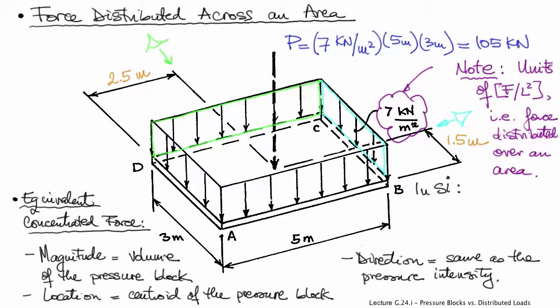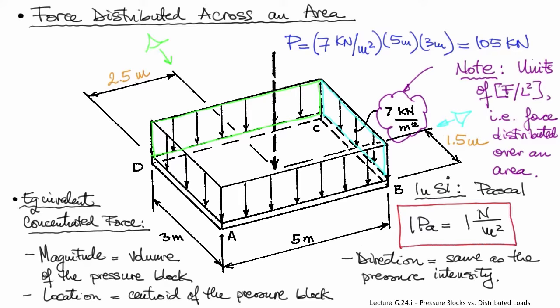So in the International System of Units, the unit for pressure, which is a force distributed by area, is the Pascal. So 1 Pascal equals 1 Newton per meter squared. You should remember that because this is how you convert the units of pressure into newtons and meters. 1 Pascal equals 1 Newton per meter squared.